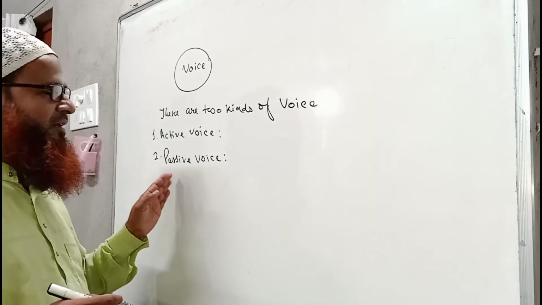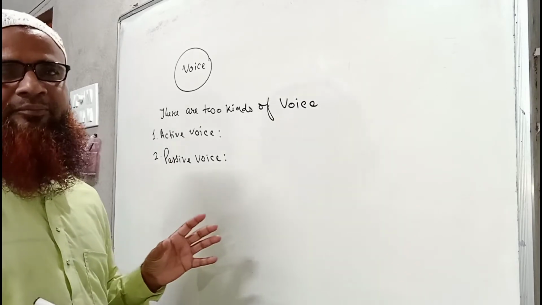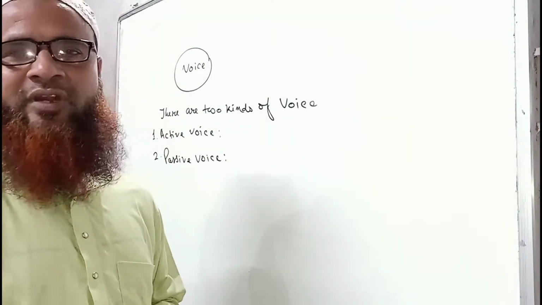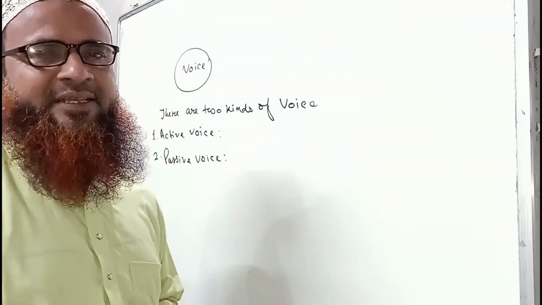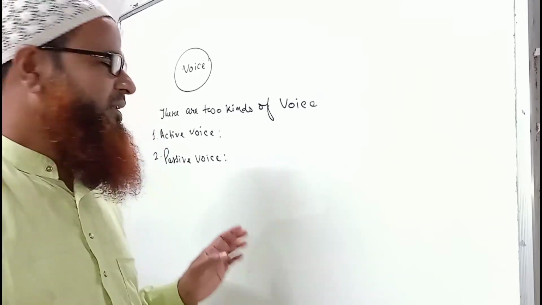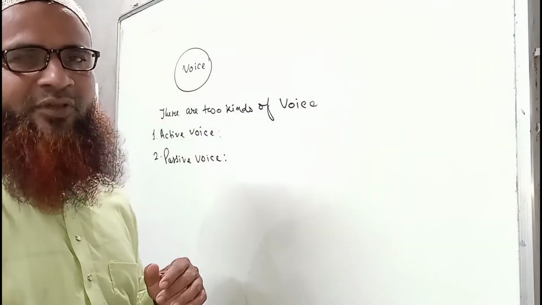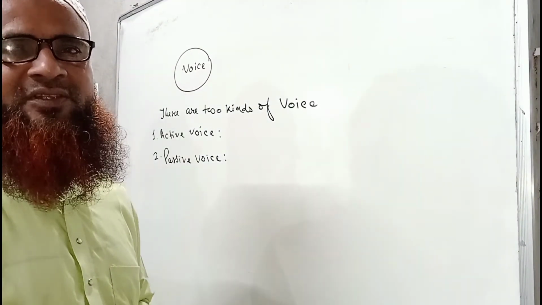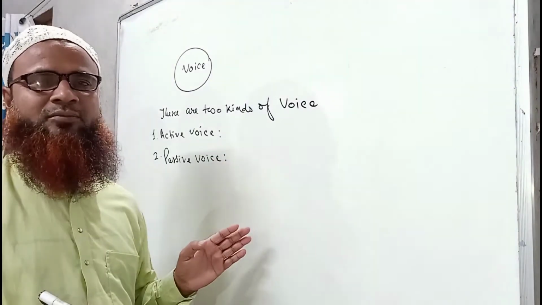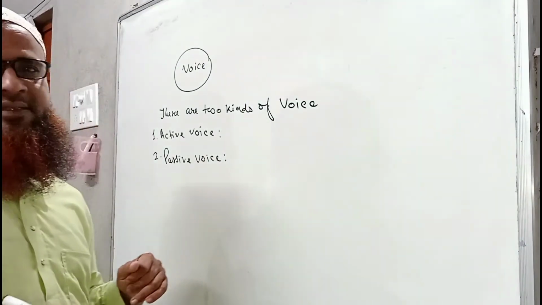And when the object is emphasized in a sentence, then the voice is called a passive voice. So in this way, we find two voices. One is active, another is passive.